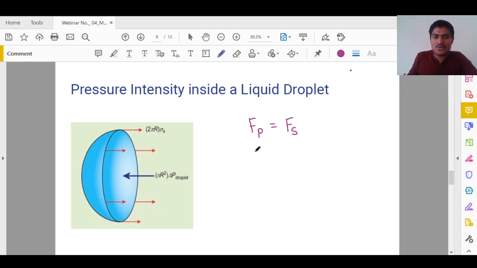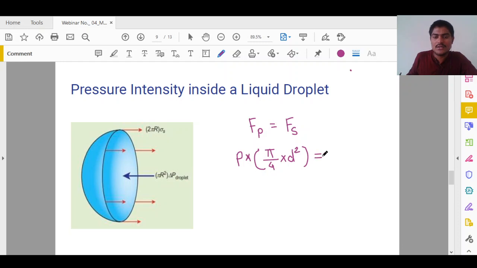So the pressure force inside the water droplet, we can simply represent by pressure intensity P into area, since force can be represented as stress into area. Stress is nothing but the pressure, and area is pi by 4 into d square, where d is the diameter of the water droplet.